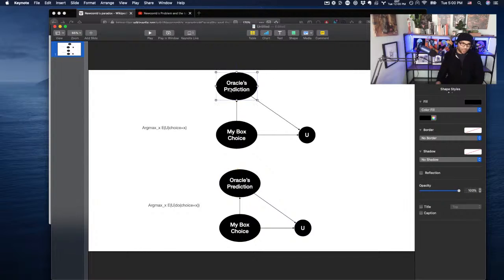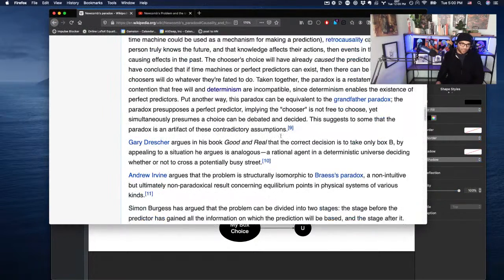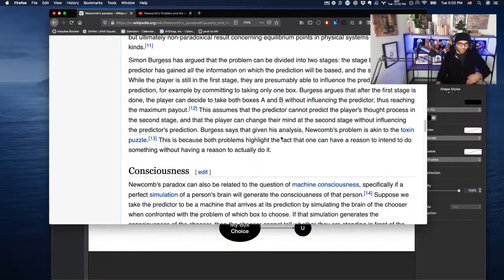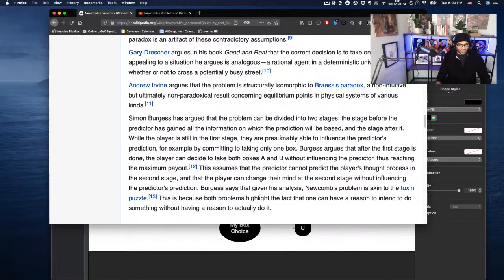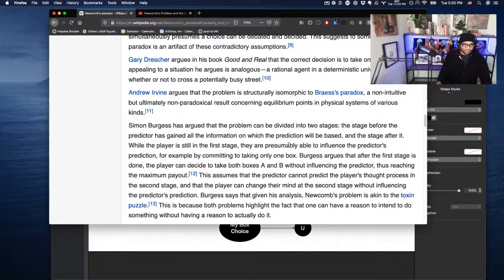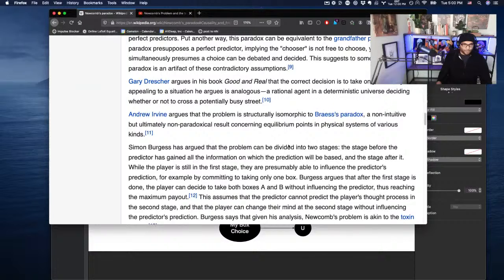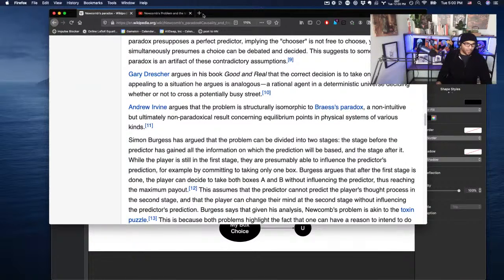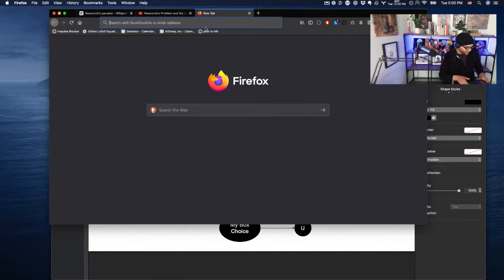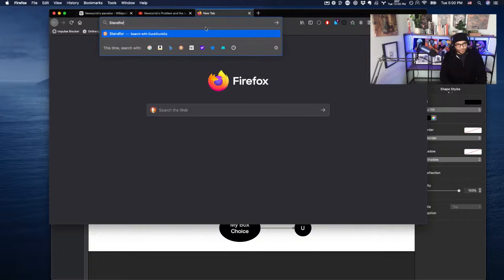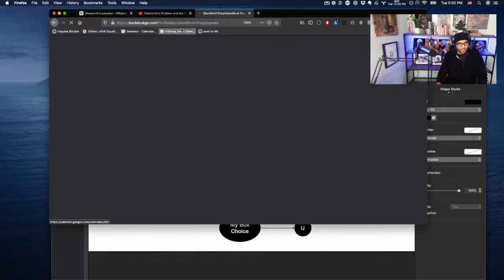So this is just going over a bunch of ideas. I want to see a model. I don't want to see all these ideas. Let me see. So Stanford Encyclopedia of Philosophy, I think.